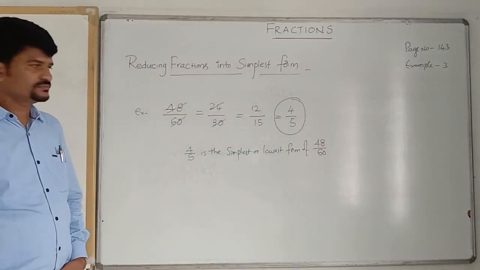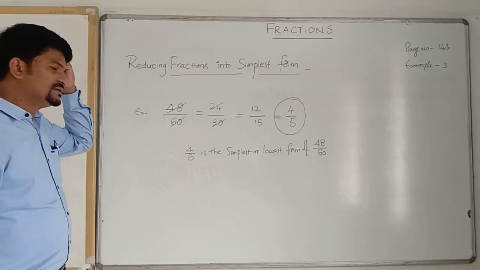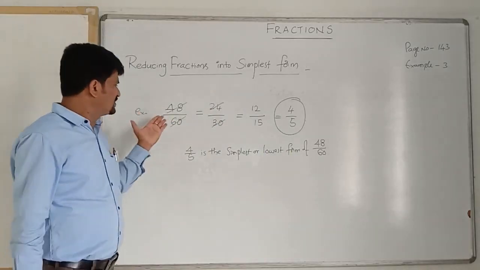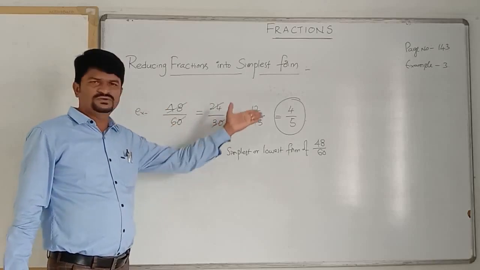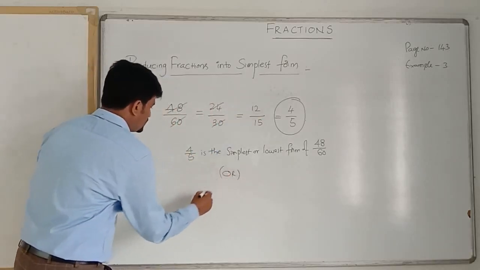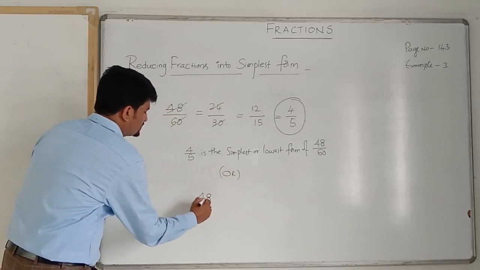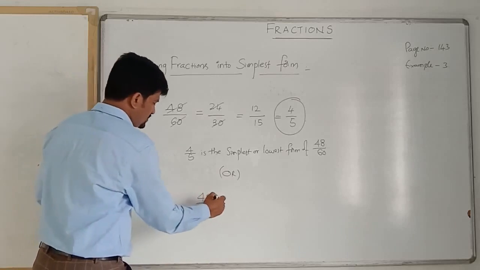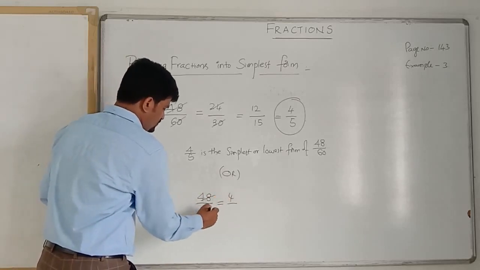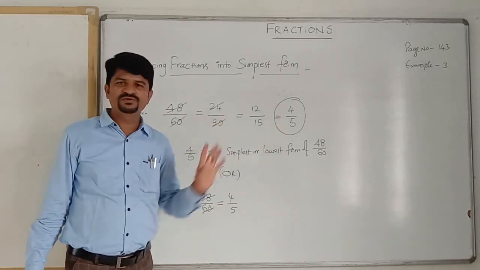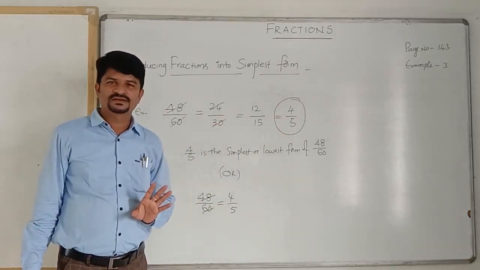Okay, children? Some students may get a doubt. Why this 2 by 2, then again 3? Directly we can do 48 by 60. If you know the 12th table, 12 fours, 12 fives, you will get only 4 by 5. Clear?